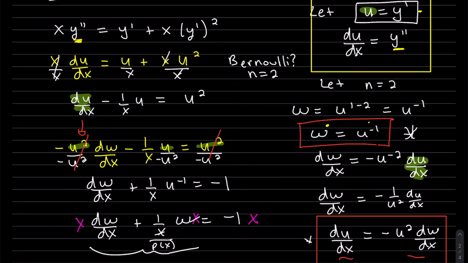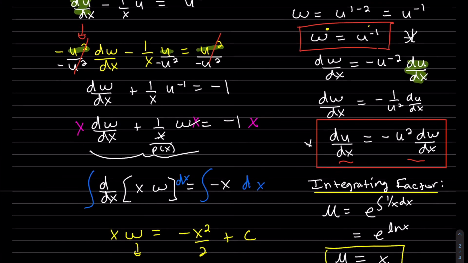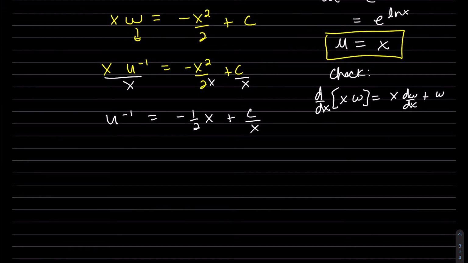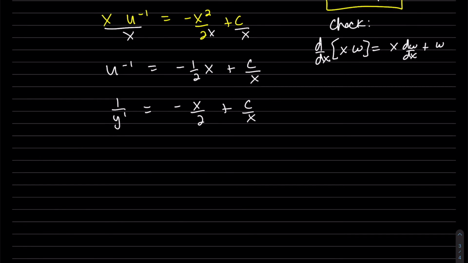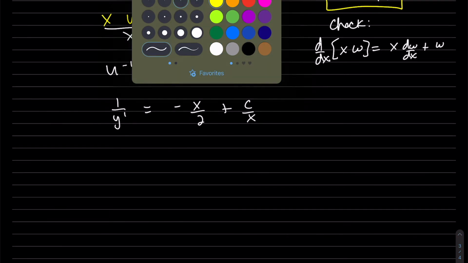So this is our original substitution, u equals y prime. So this is 1 over u. So it's 1 over y prime. So if we want to take the reciprocal, probably want a common denominator.